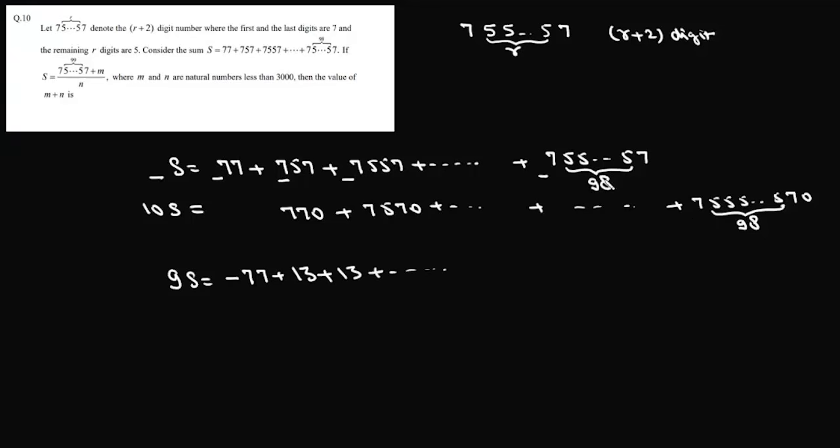I'll continue up to this term, which is 13 plus this 7, 555, 98 times, and then this is 70. Now first thing is, how many 13s do we have?